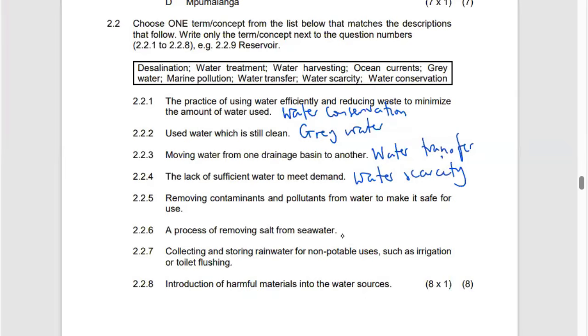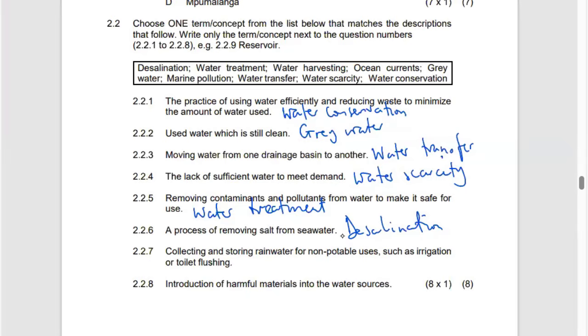Then removing contaminants and pollutants from water to make it safe for use. If you want to make water safe for use, that is water treatment. A process of removing salt from seawater, we call that desalination. Saline for salt, and removing salt, desalination.